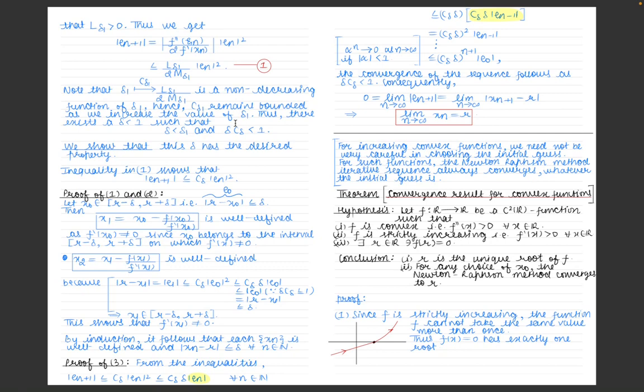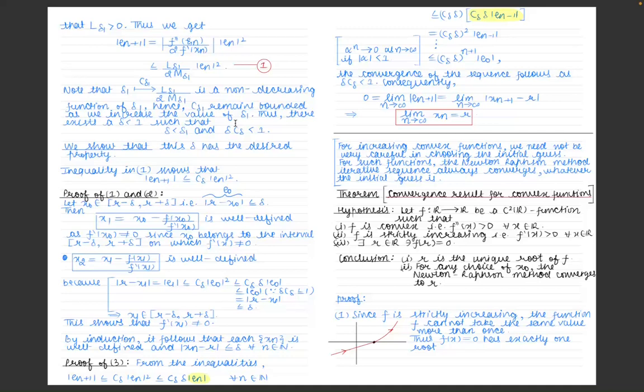So you just prove that this is a non decreasing function of delta 1, let this function be c delta 1. Hence, C delta 1 remains bounded as we increase the value of delta 1.